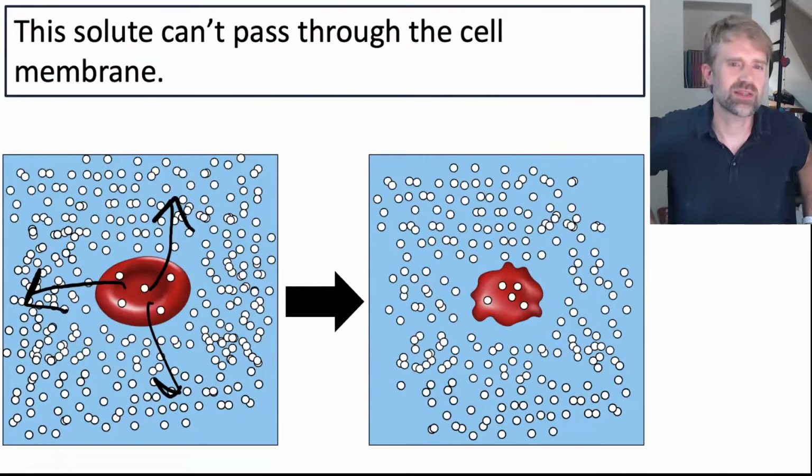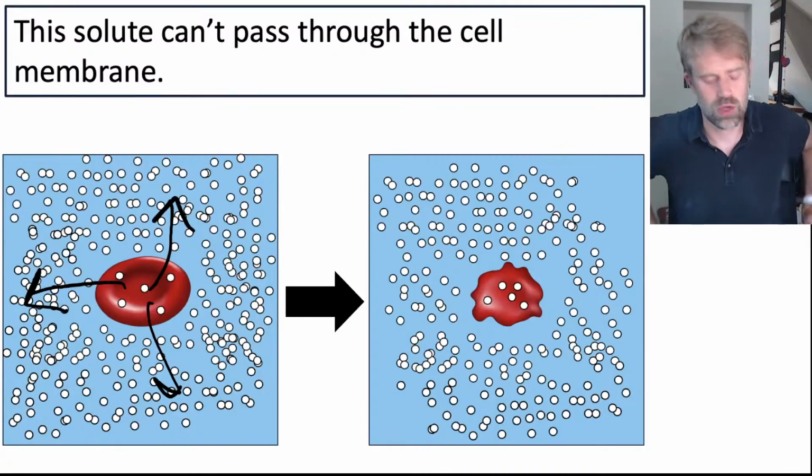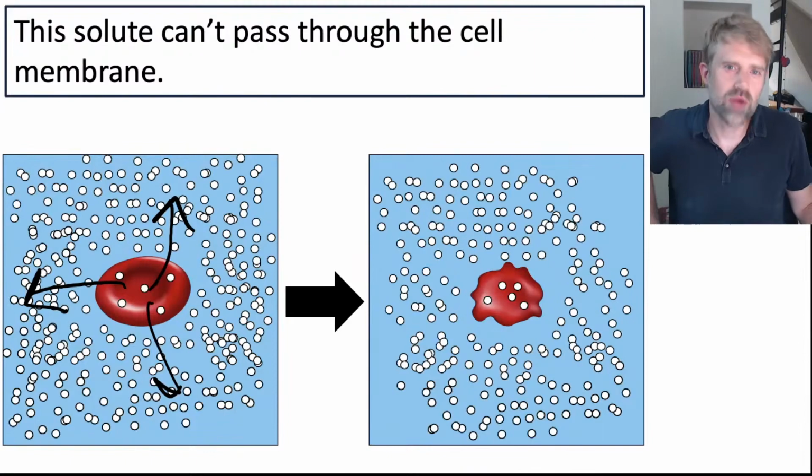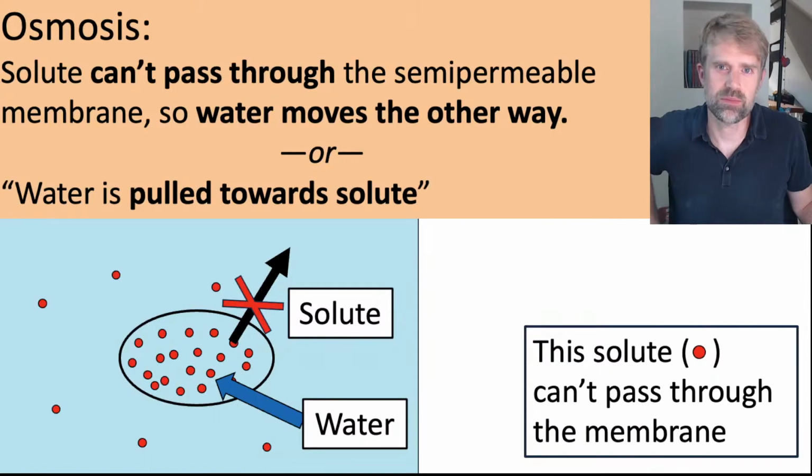But that's not really what we learned about as diffusion. We learned about diffusion as things moving from a high concentration to a low concentration. So the question is, can we frame osmosis in that way? We're going to talk about this for a minute here.